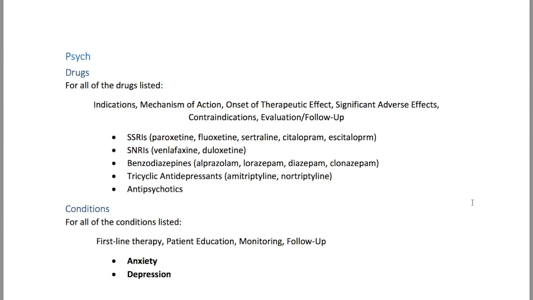For all of the conditions listed, we're going to want to know the first-line therapy, again, patient education. What does the patient need to know about the medication that you're prescribing, monitoring, and follow-up. So anxiety and depression are the big conditions that we're going to be focusing on in this module.